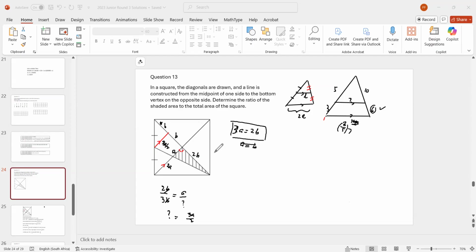So now we know the area. The shaded area is what? Half base times height, and that is AB. And what is the area of the square?